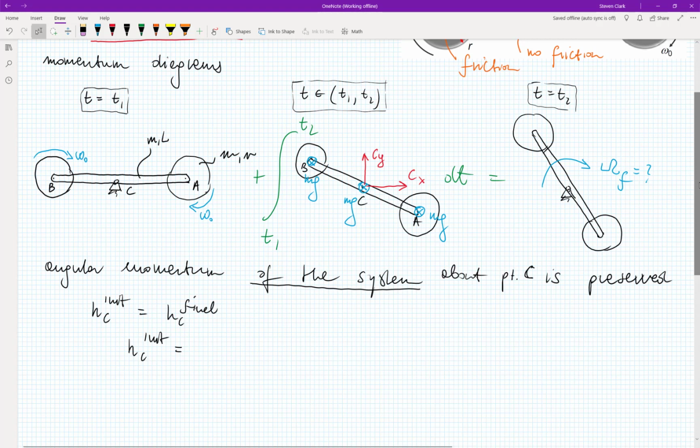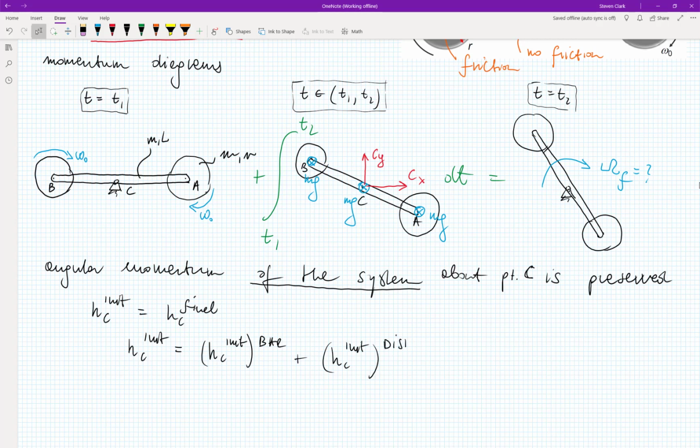And we can decouple it into HC initial of bar plus HC initial of disks. Okay, guys, question to you. Does bar do anything in the beginning? Is bar moving? No, so it's 0.